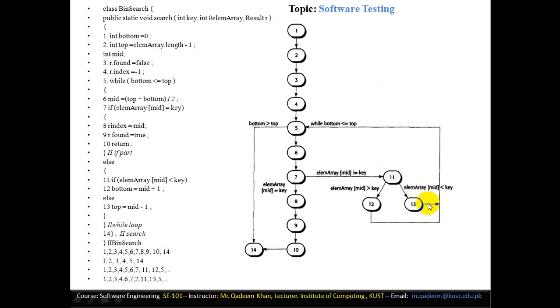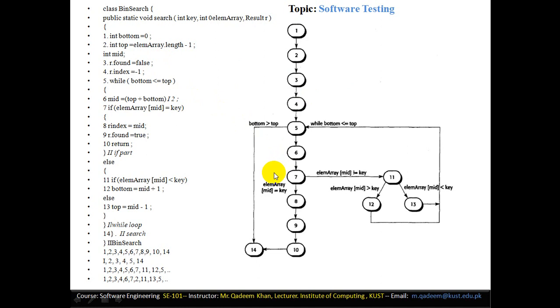We have 16 different lines or edges. And nodes, you can see, are 14. So 16 minus 14 plus 2 is equal to 4.